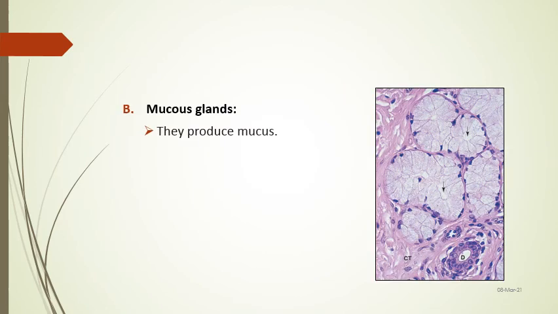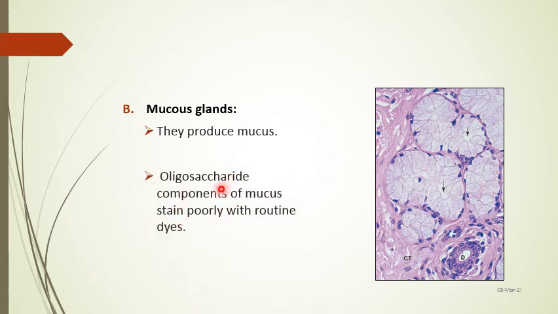The mucous glands produce mucus, and the oligosaccharide components of mucus stain poorly with the routine dyes H&E, but they are better stained with other types of stains like PAS, periodic acid Schiff stains. Let's focus on that. The mucous glands produce mucus and they appear under a light microscope like this picture.